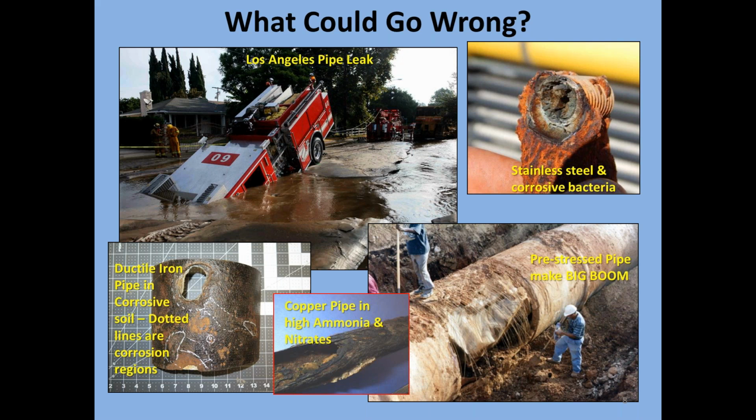ductile iron is very interesting because when it corrodes, usually the iron is leached out of it, but it leaves behind the graphite matrix, and it's still black, so it's very difficult to tell if it's corroded or if it's lost its integrity.